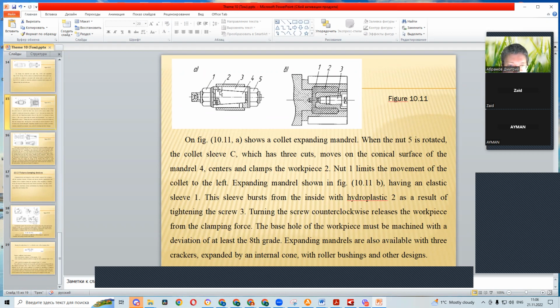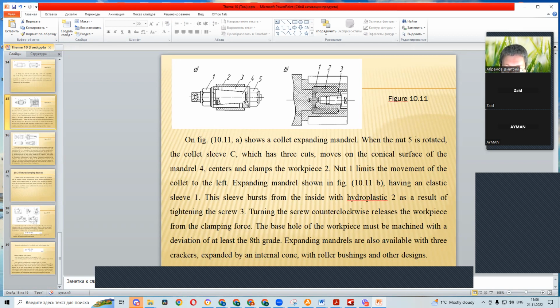The conical surface centers and clamps the workpiece. The nut limits the movement of the collet to the left.